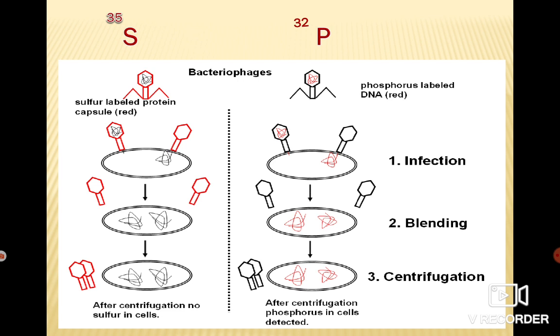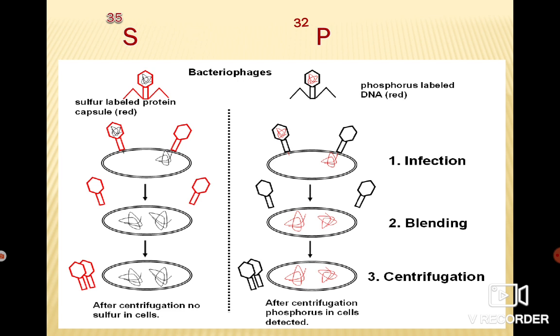The first step is infection, meaning this virus gets attached to the bacteria, then inserts DNA into that bacteria. Then after that infection, blending was performed to remove the protein coat.